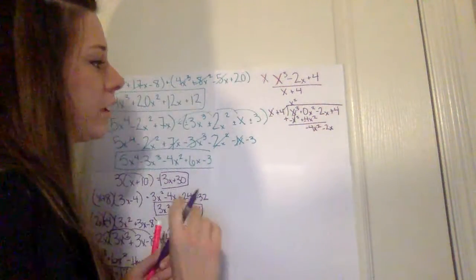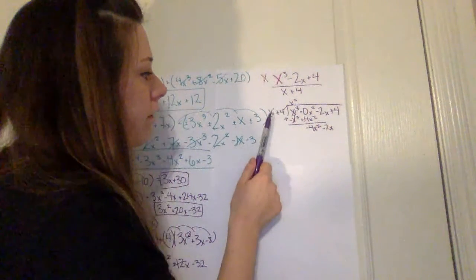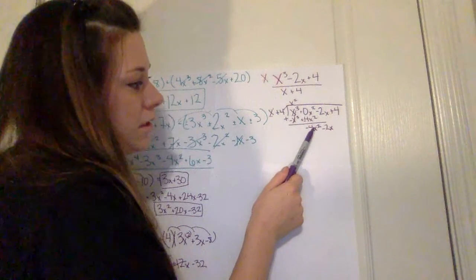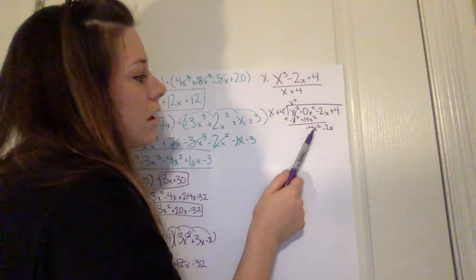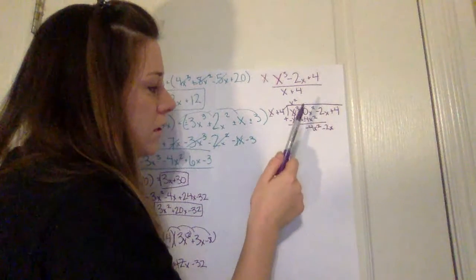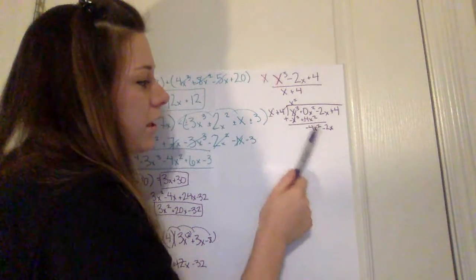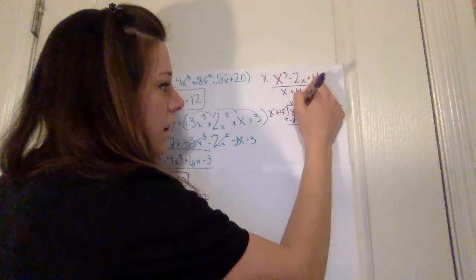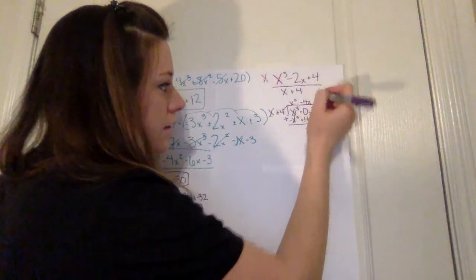And we are going to think of x times what is going to be negative 4x cubed. So we have to think that's going to be negative 4x, right?